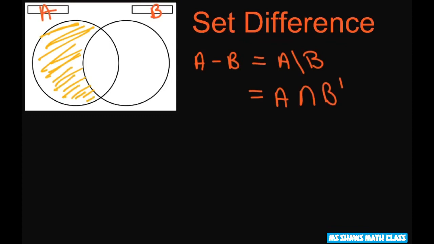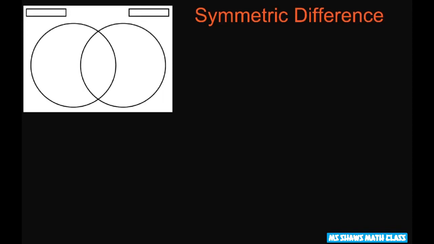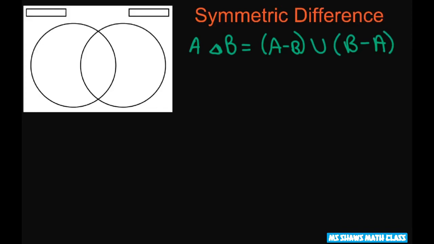The next one is symmetric difference. This is written as A, we can call this triangle delta B, and this means A minus B or B minus A. Remember, this is your union. Union means or.